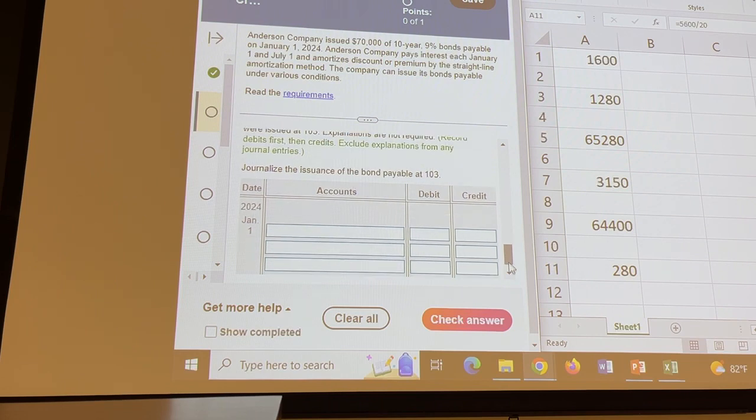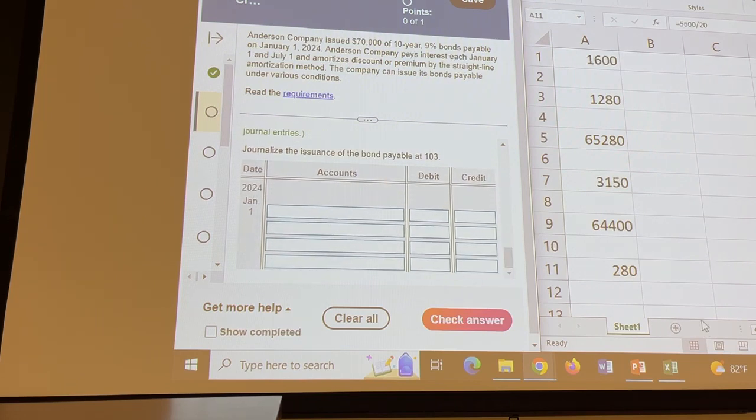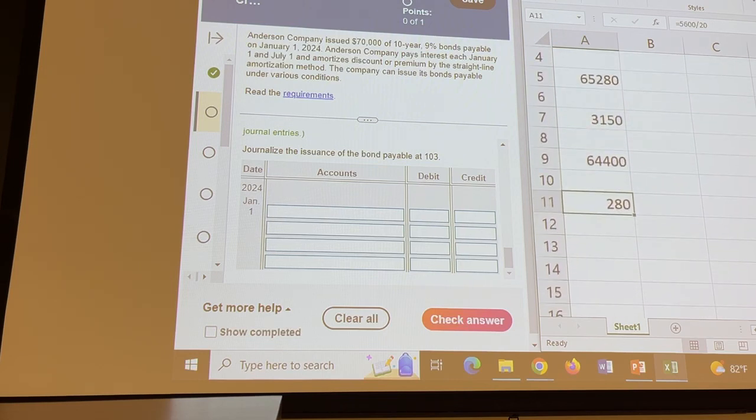Okay, next we're going to assume that we issue the bonds at a price of 103. So in this case, we would take the $70,000 times 103%. So that would be $72,100.